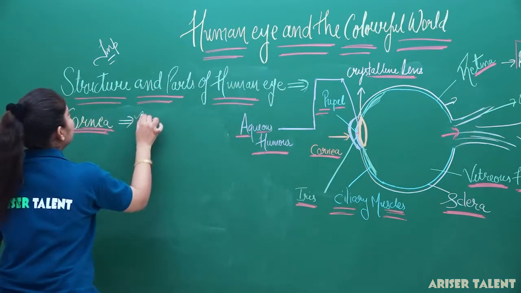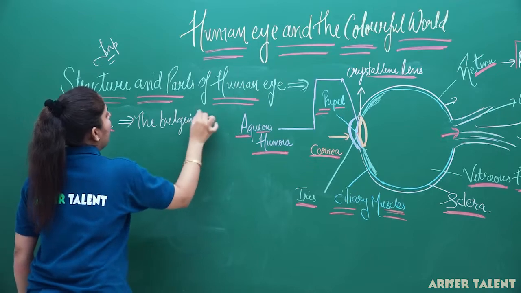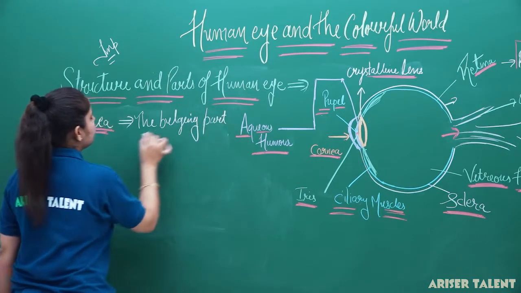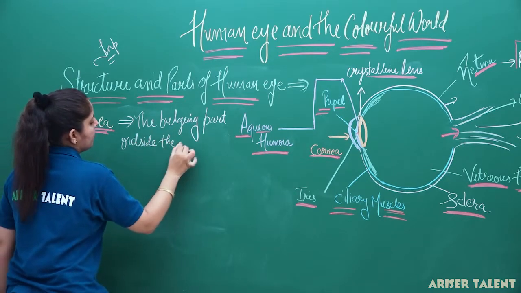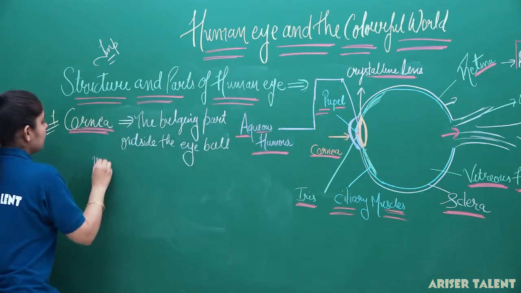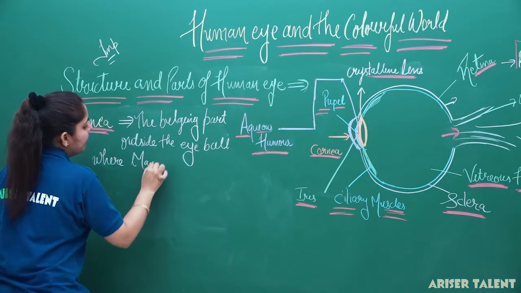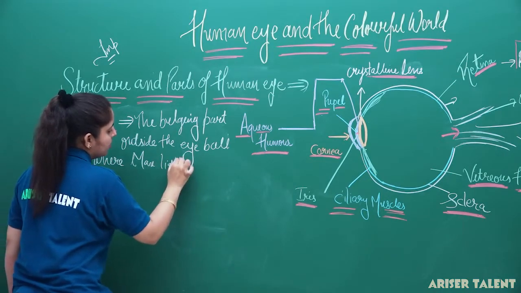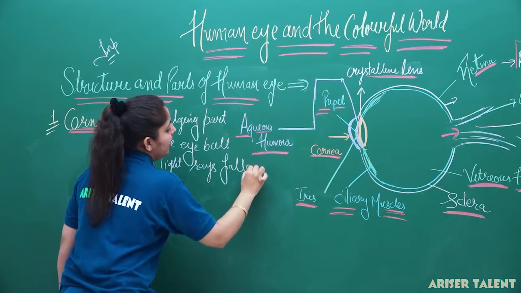So we can say that it is the bulging part outside the eyeball where maximum light rays fall and get refracted.